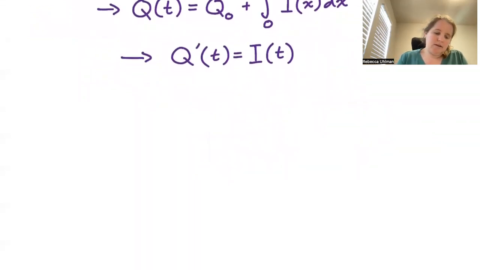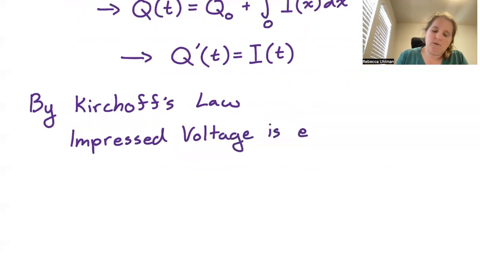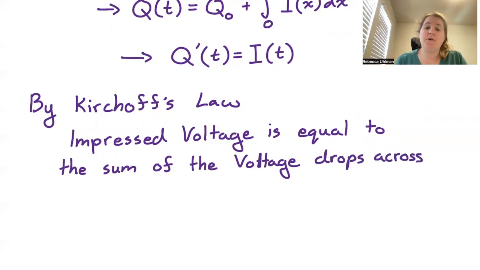It turns out by Kirchhoff's law, the impressed voltage is equal to the sum of the voltage drop across each of the other components of our circuit.